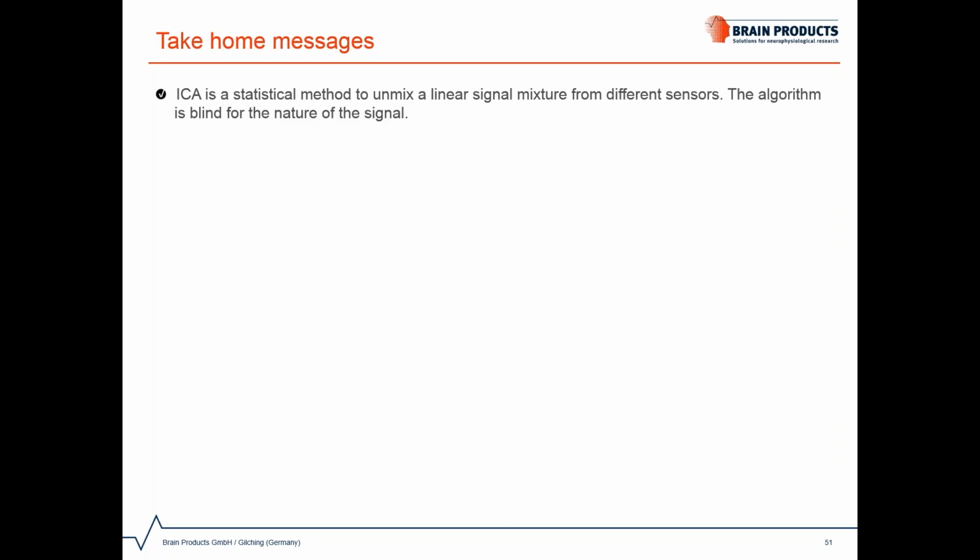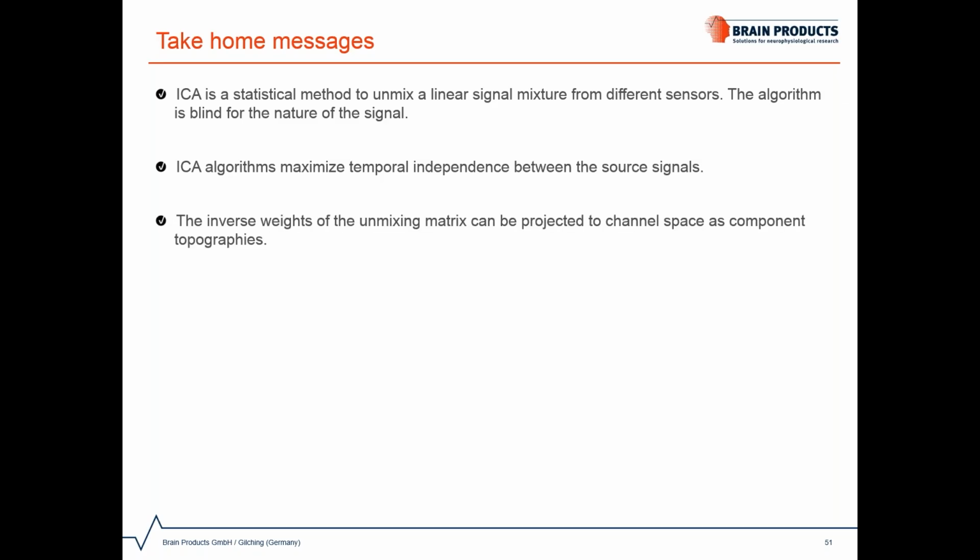This method is not specific for EEG, but it can be applied to any signal fulfilling the prerequisites. The main goal of the algorithm with respect to EEG source signals is to maximize temporal independence. After unmixing, the components can be back-projected to channels, whereby the inverse weights can be visualized as topographic maps.